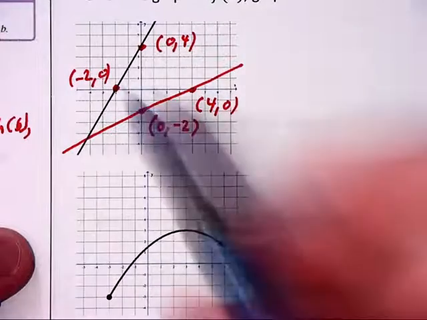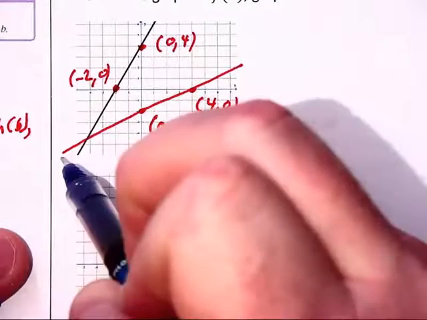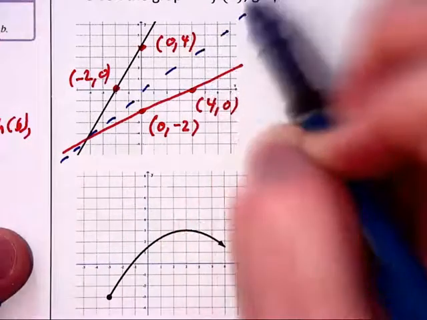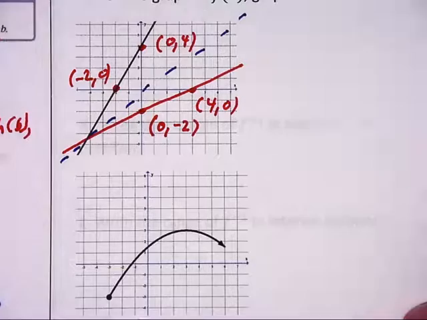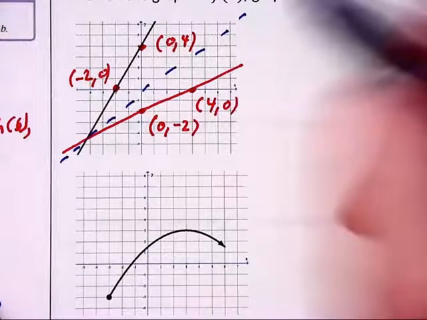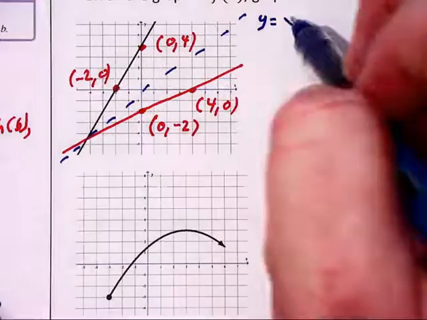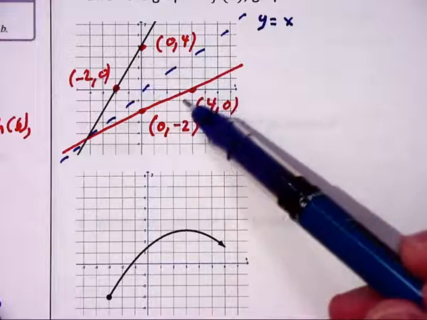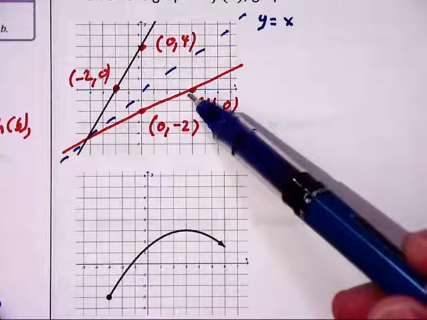And it turns out that this graph is a reflection across the diagonal line y equals x. All functions and their inverses will be reflections across that diagonal line y equals x. Now, this inverse is also a function because it obeys the vertical line test.